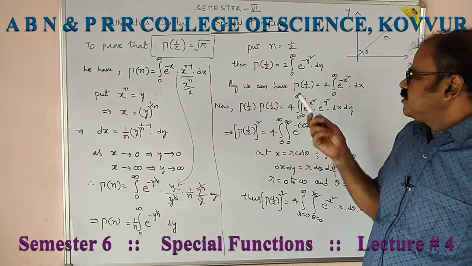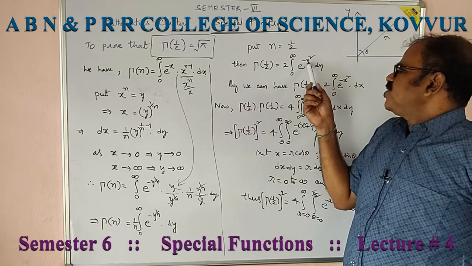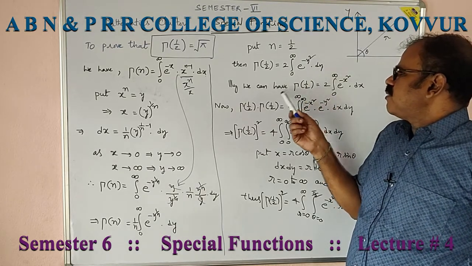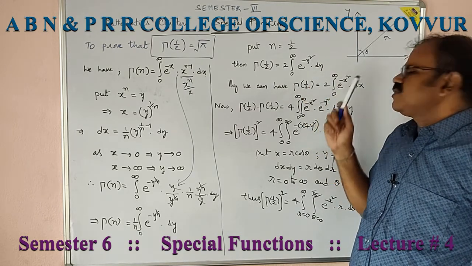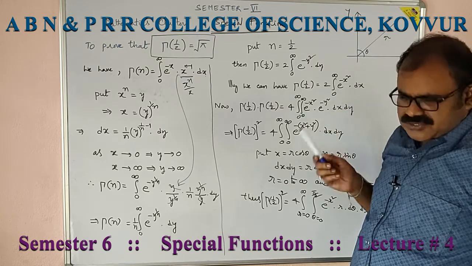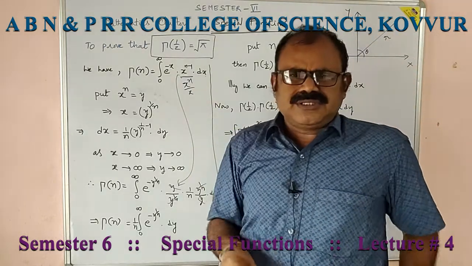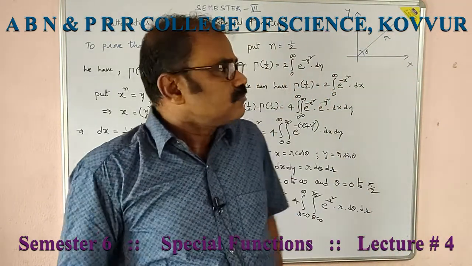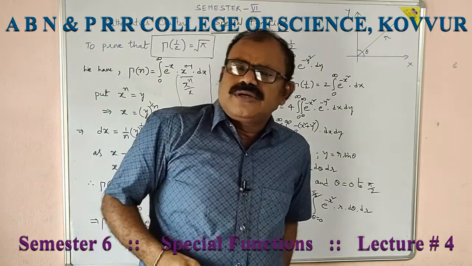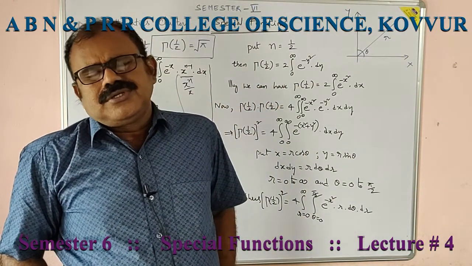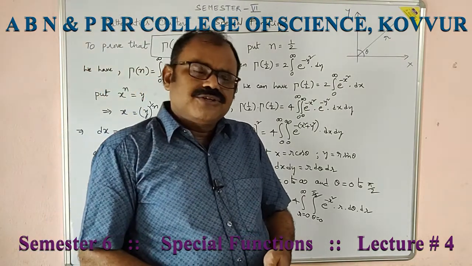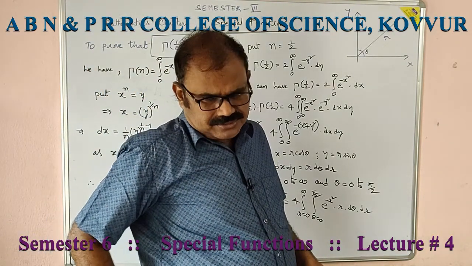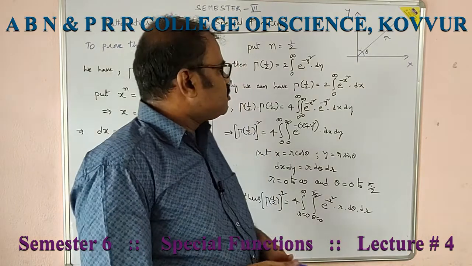Similarly, by changing the variable, we can write gamma 1 by 2 is equal to 2 into integral 0 to infinity e to the power of minus x square dx, where in place of y I have chosen x. In the same fashion, we may take gamma 1 by 2 is equal to 2 into integral 0 to infinity e to the power of minus z square, or e to the power of minus t square dt. Whatever it may be, we may change the variable.